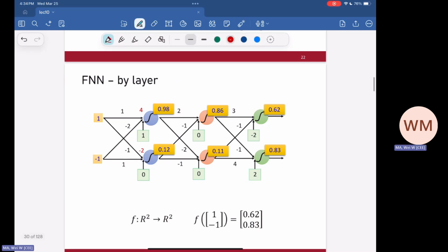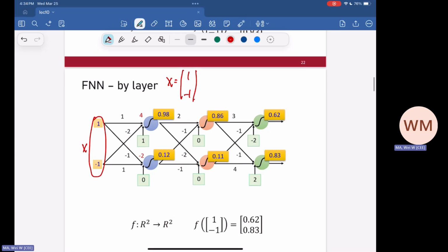So here your input is x. x is actually a vector, 1, -1. I can organize the layers, so here I can have W1. W1 is actually 4 numbers, 1, -2, -1, and 1, so it gives you a 2 by 2 matrix.